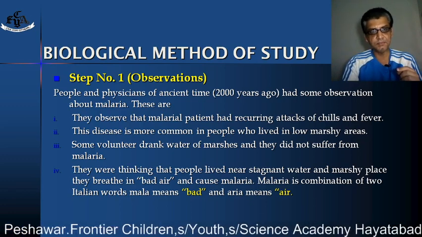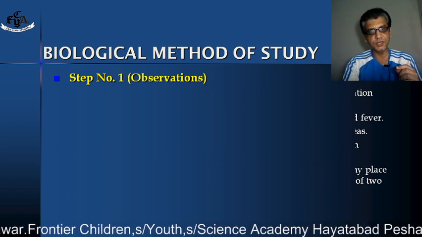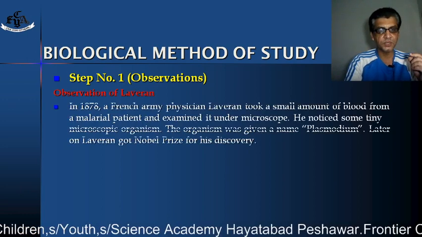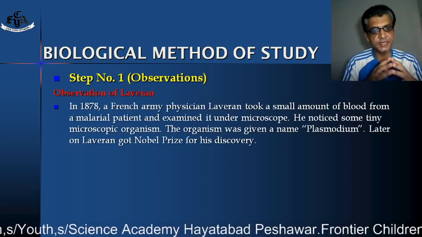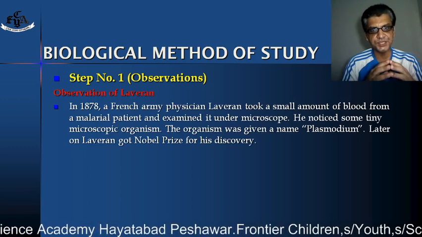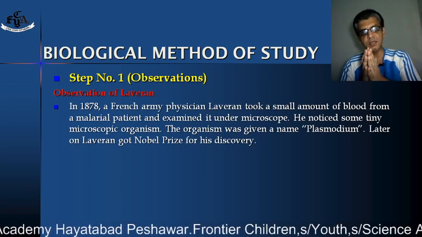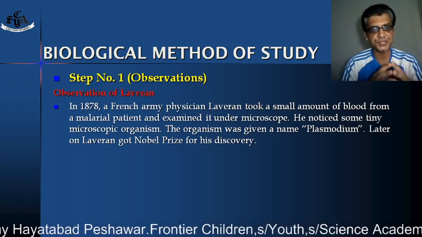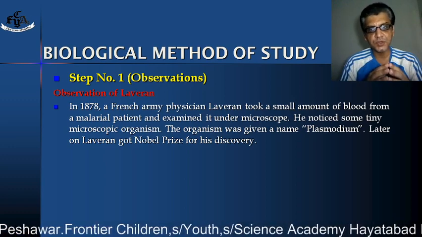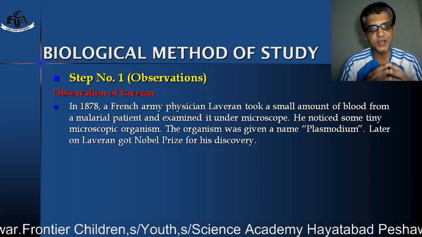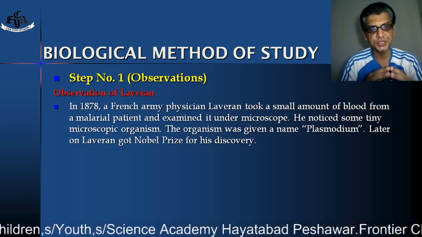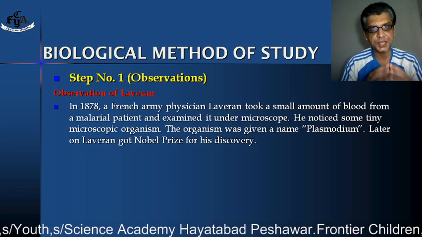But another biologist, whose name was Louis Laveran, in 1878, this French army physician took a small amount of blood from a malarial patient and examined it under the microscope. He found tiny, very minute creatures in the blood of the malarial patient.